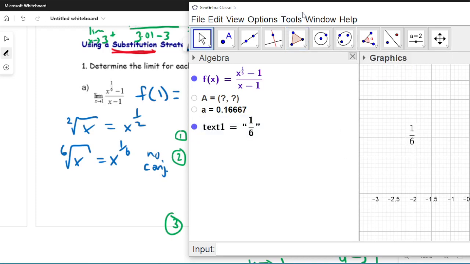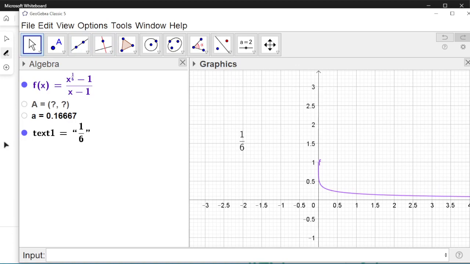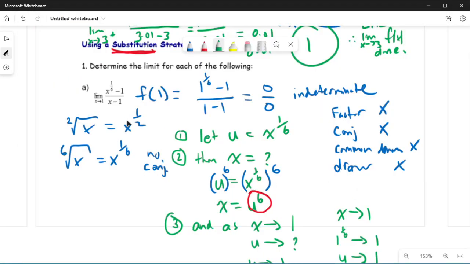Which is the same answer that you and I came up with doing it algebraically. So this question is very, very important as well. Probably the most important of all of them, where you're doing a substitution method, because a substitution method is guaranteed to be on your unit test for limits.